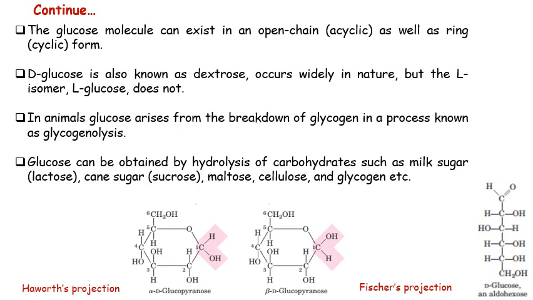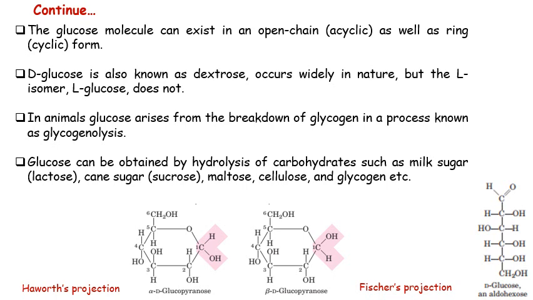Continuing with glucose, the glucose molecule can exist in an open chain form, called the acyclic form, as well as in a ring form, the cyclic form. D-glucose is also known as dextrose, which occurs vitally in nature, but the L-glucose does not occur in nature; it is the synthetic form.